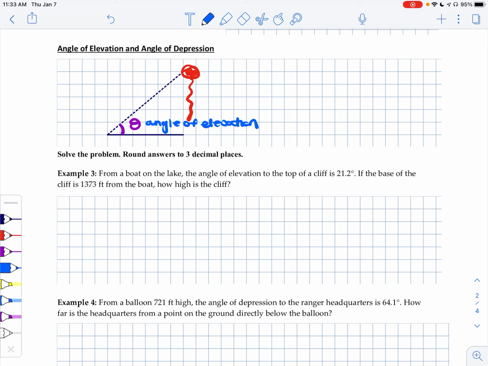Now, on the other hand, if we're thinking about angle of depression, again, I'll draw you a little diagram here.